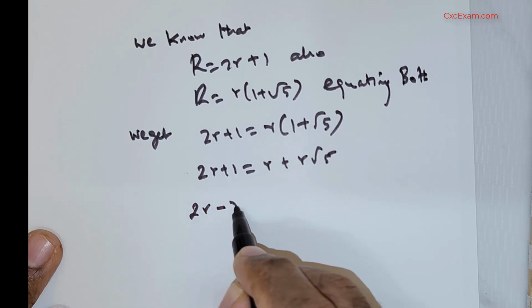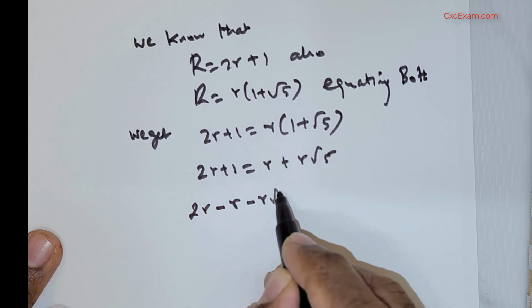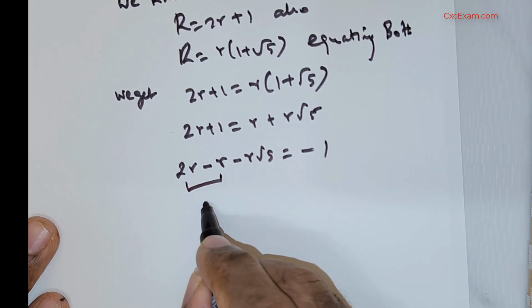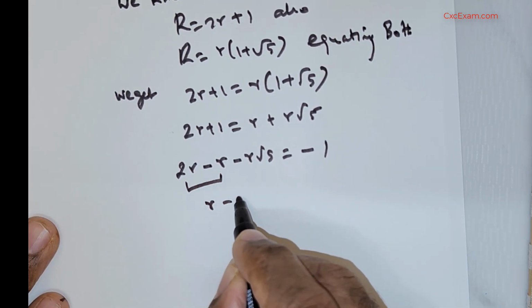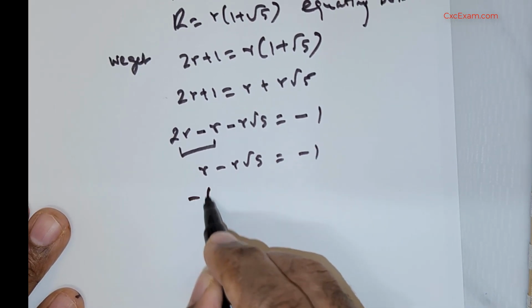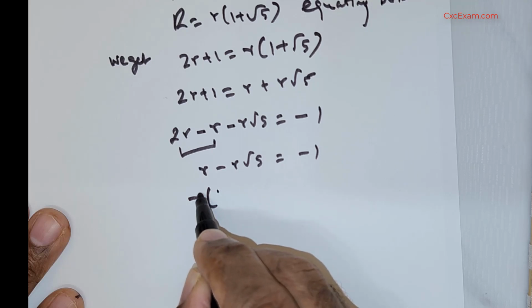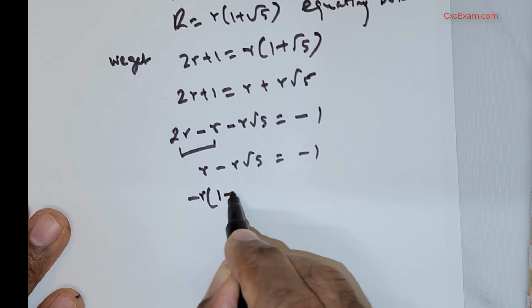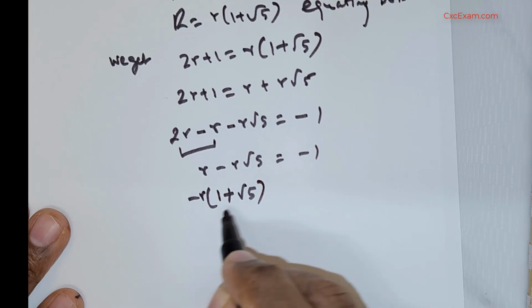So 2r minus r times root 5 is equal to negative 1. I add these two, I get r minus r root 5 is equal to negative 1. I take the negative sign out and r out. So this is going to be 1 plus root of 5, right?